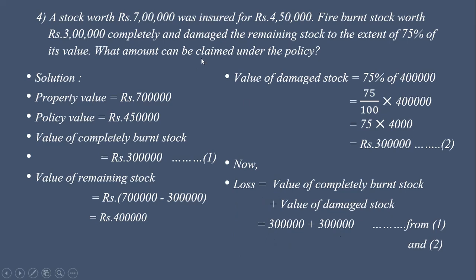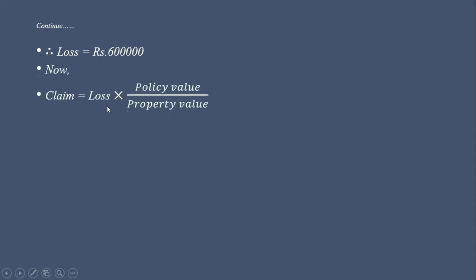Now we can find claim. We have value of loss, property value and policy value. Only we have to substitute these three values in the formula. So loss is equal to rupees 6 lakh. Now claim is equal to loss into policy value upon property value. Loss 6 lakh into policy value 4,50,000 upon 7 lakh. Now cancelling these 5 zeros, we get 6 into 4,50,000 upon 7.